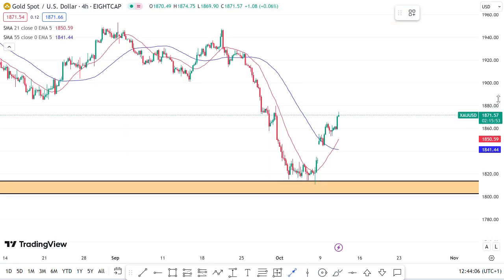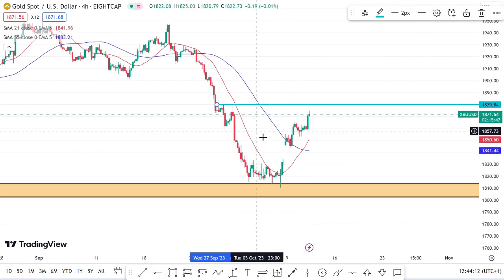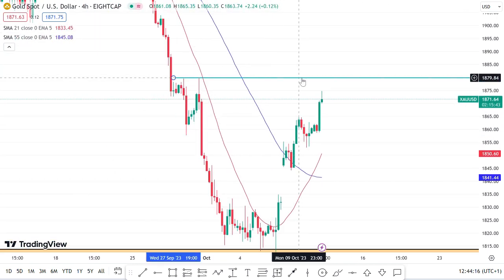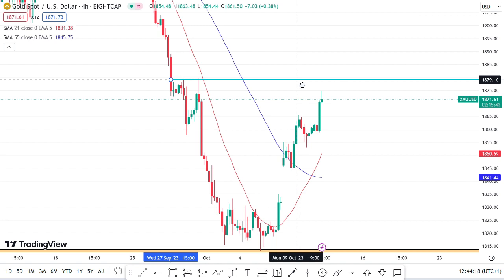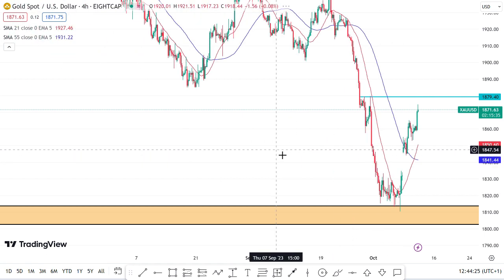Notice what was happening. We had a resistance over here. If you can see this, this was a resistance zone. I'll mark that out.